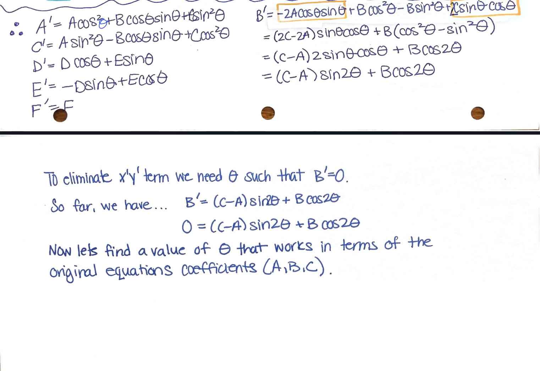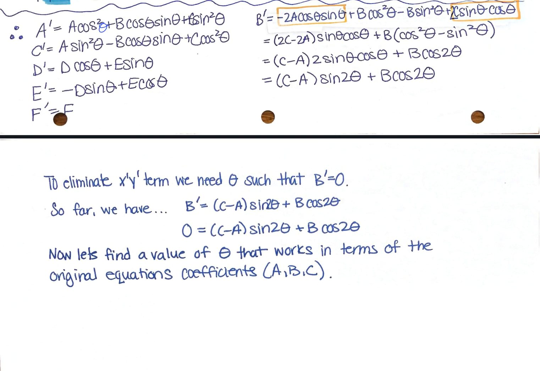This b prime formula that we have from above, that just comes from right here, we want that to equal 0. If I set that equal to 0, I can find a value of theta that's going to make that equation work. It's just like something we could do in chapter 5 where we solved trig equations. So let's solve this equation for theta.